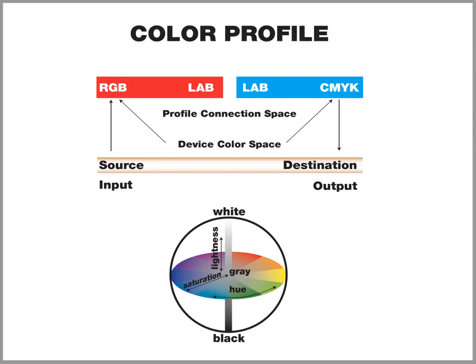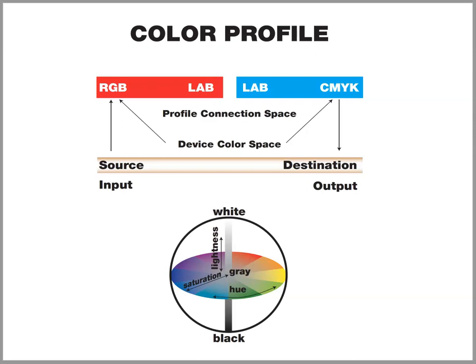What we need is some sort of innocent, uninvolved bystander that can mathematically say, I'm going to take this RGB value and translate it into the CMYK that I'm going to reproduce. And that translator is LAB.